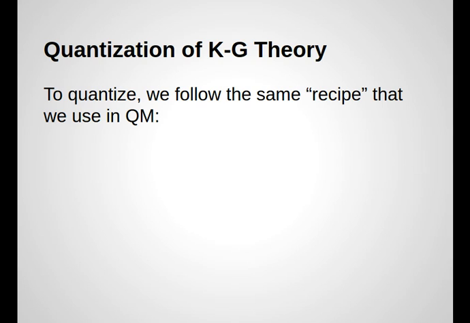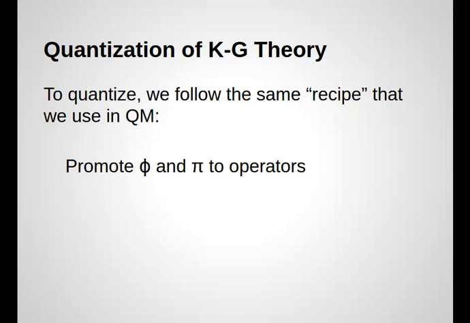Okay. And so as I was saying, we want to try to quantize the theory, and we're going to do this exactly the same way as we do in quantum mechanics. We're going to take our field and its conjugate momentum density, phi and pi, and promote those to operators.